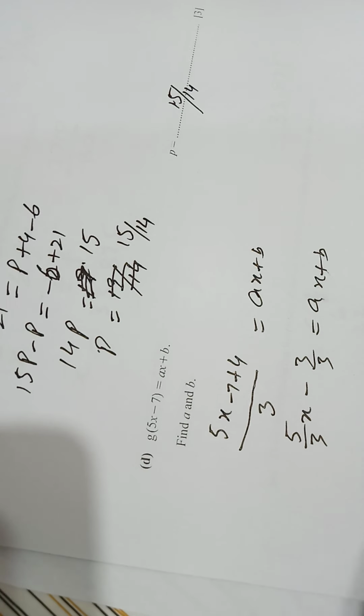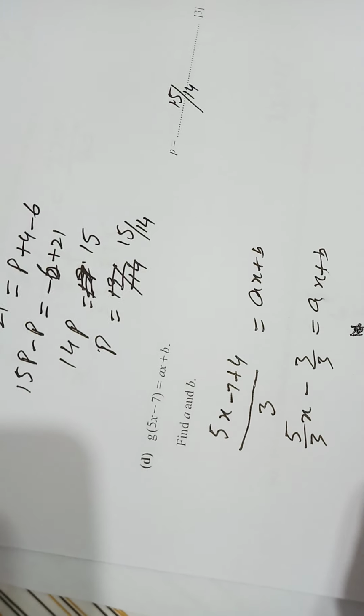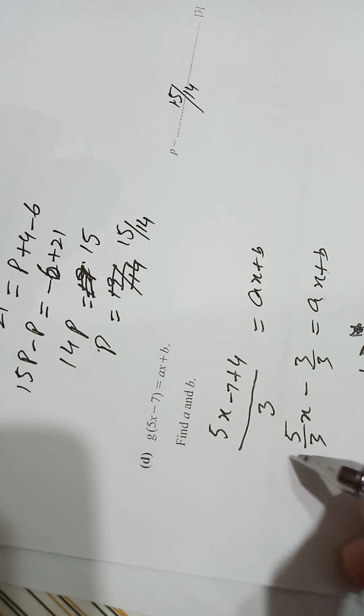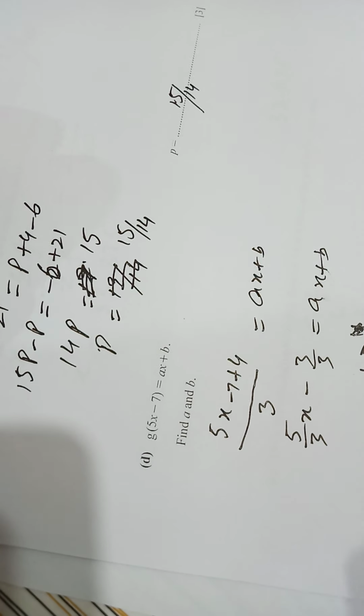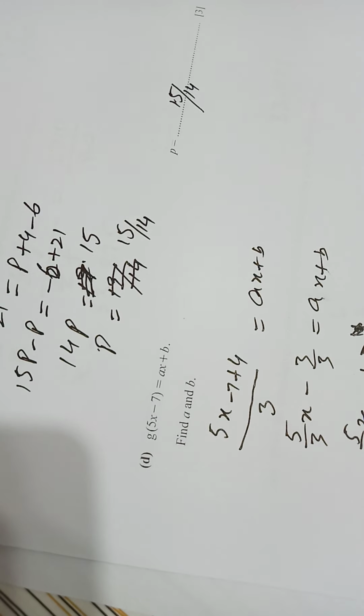When you simplify this, it will be equal to 5/3x minus 1, which is equal to ax plus b. By comparing, a is equal to 5/3 and b is equal to minus 1.